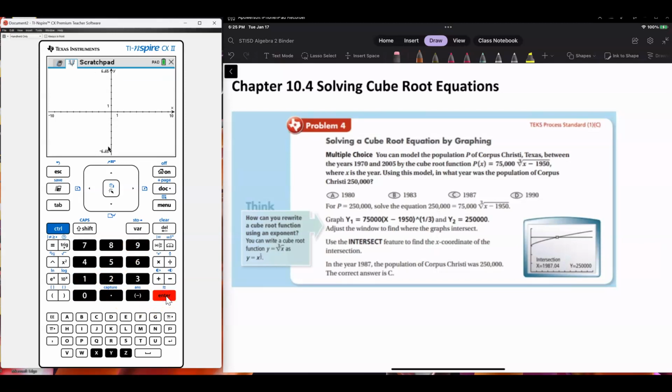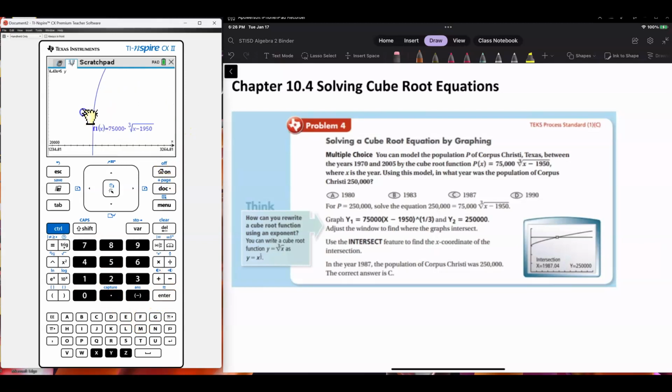Now you're going to notice you're not going to see anything, so you're going to go to your menu, go to your window settings, and I'm going to start at -10, that's fine, and go to 2020. And the Y max, since I said 250,000, I'm going to say 500,000 as a population.